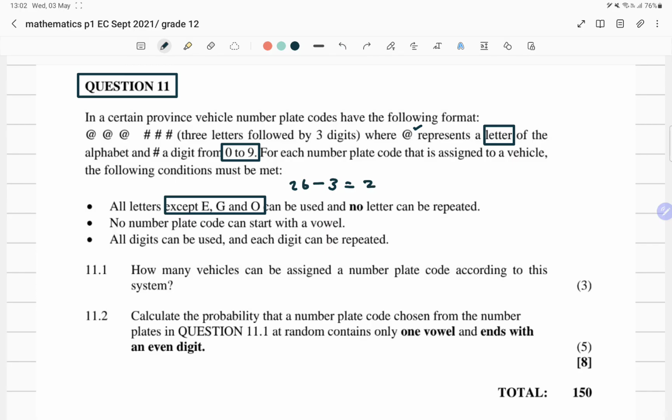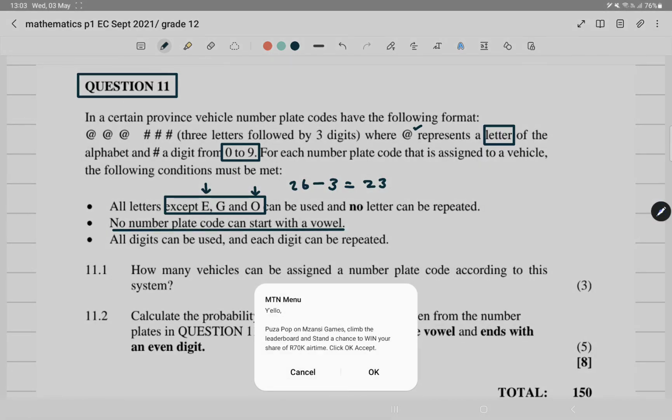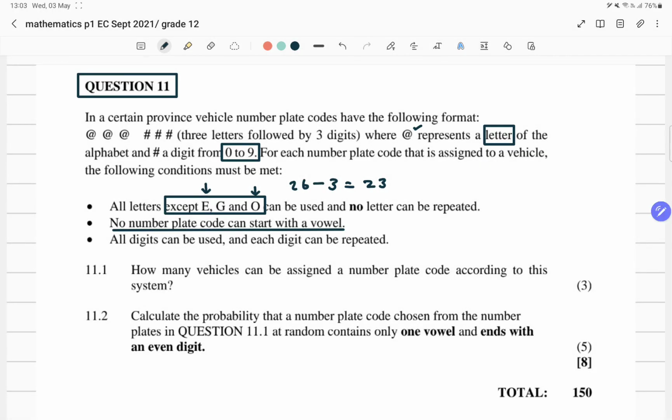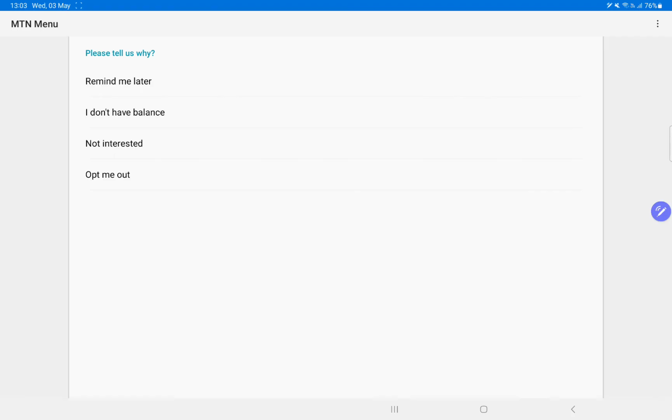Then no number plate code starts with a vowel. So how many vowels have we left? We've lost 2. So there are 5.